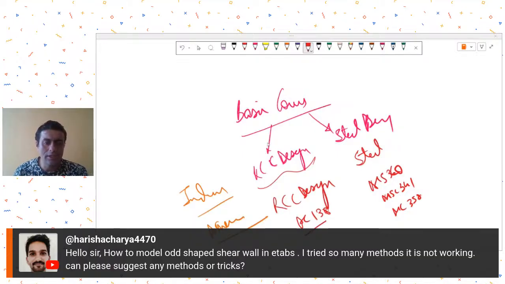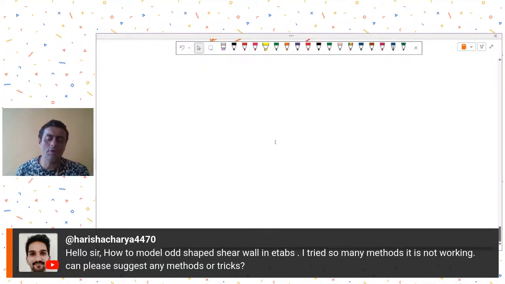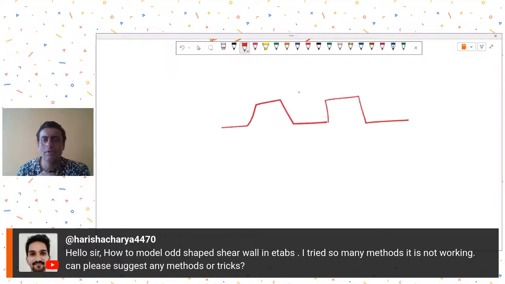Mr. Harish Acharya is asking how to model odd-shaped shear walls in ETABS. No, it's very easy. In ETABS, you have the option of modeling line to area. So whatever odd shape, maybe if your wall is like this in plan view, in ETABS you make a line arrangement like this in plan.